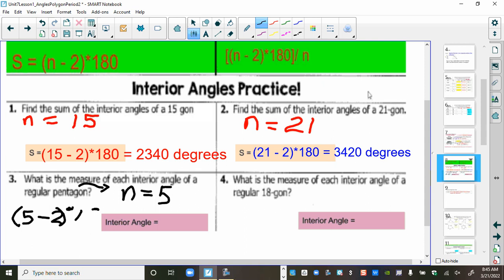Multiply by 180. But then you have to divide by something. What do we have to divide this whole product by? What number? 5.